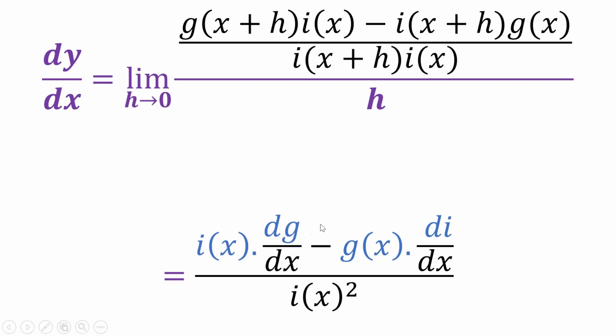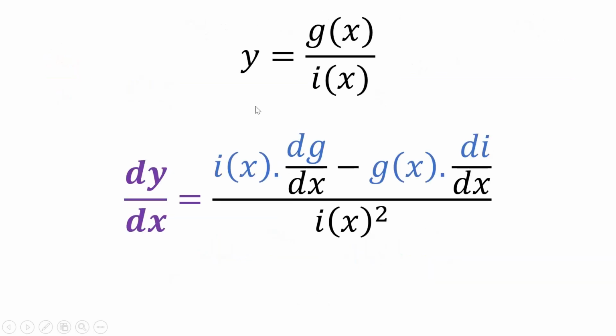And what we have obtained is the quotient rule. So when you have y equals j of x divided by I of x, and you are to find its derivative with respect to x, then you can apply this quotient rule.